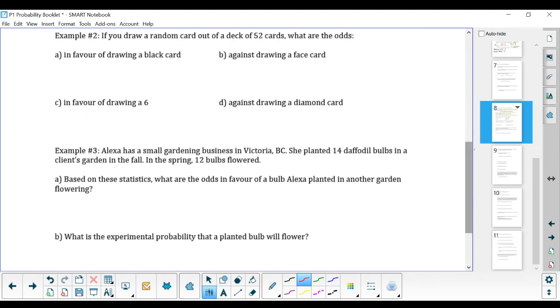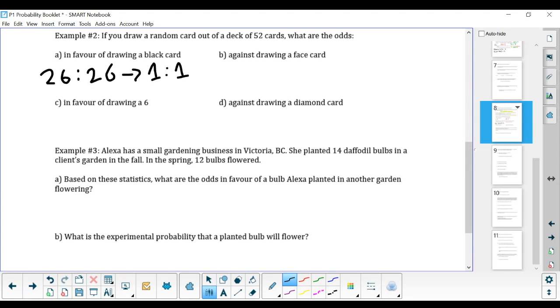We can take a look at the second example. If you draw a random card out of a deck of 52 cards, what are the odds in favor of drawing a black card? In a standard deck of 52 cards, half of them are red, half of them are black. So that would mean that 26 to 26 would be our odds, or we could simplify this down to 1 to 1.